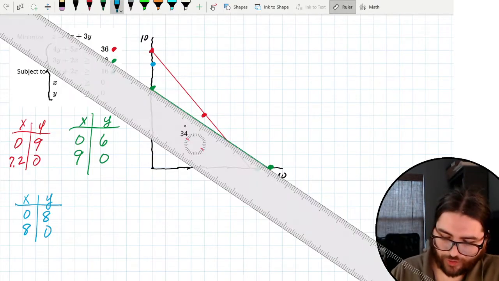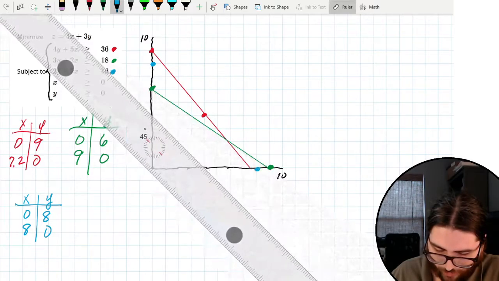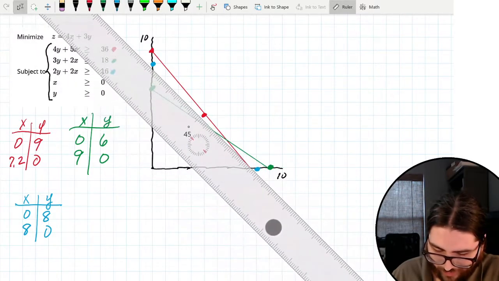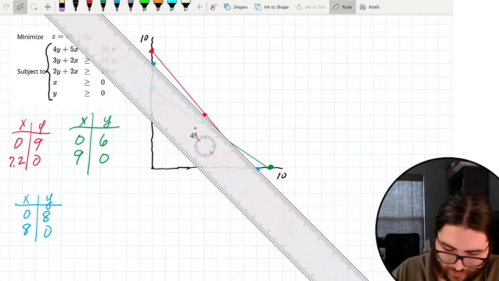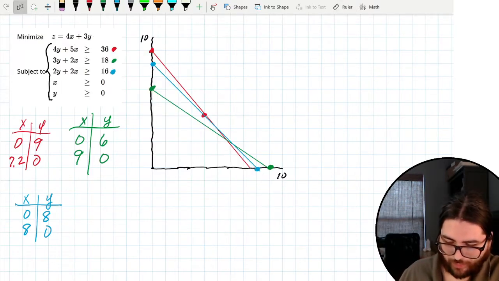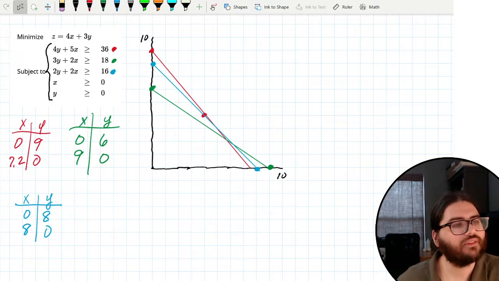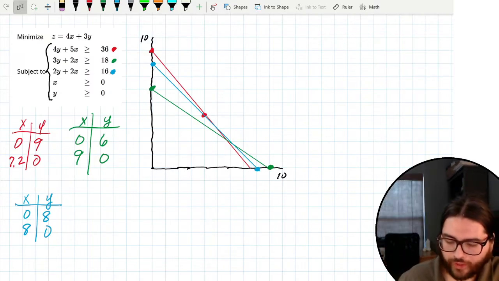I happen to know that that's a perfect 45-degree line, and so I can set my ruler to 45 degrees and make it work. You may or may not be so lucky. Again, the trigonometry, geometry part of it is not required for this class.